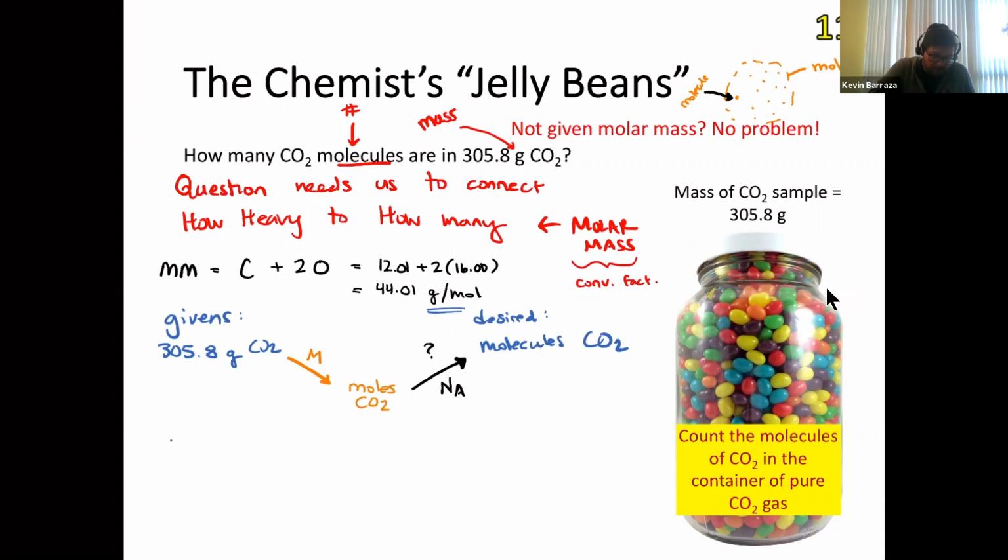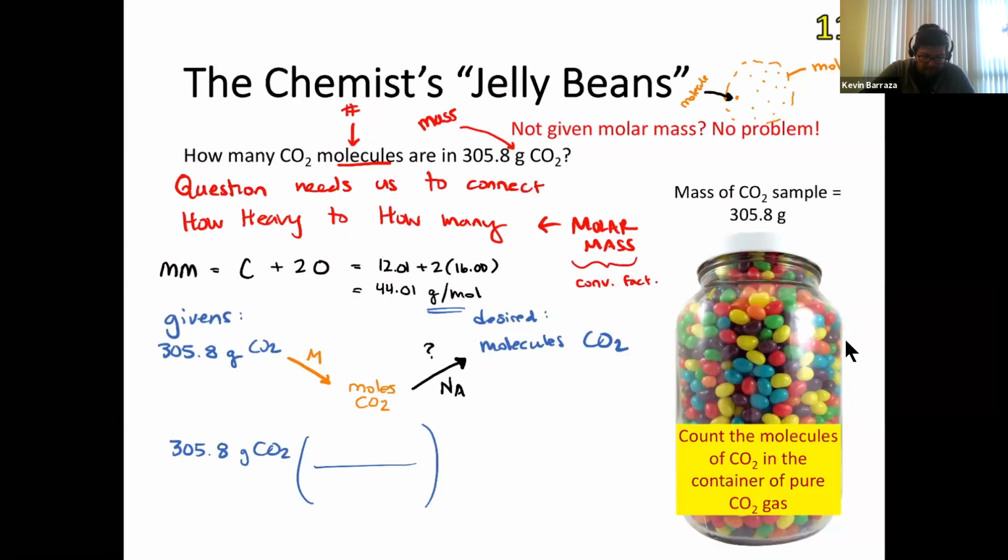So we start with our given that we want to convert, 305.8 grams of CO2. I'm connecting how heavy to how many. So that means I'm going to go with, well, this is the relationship. It takes 44.01 grams to make a mole of this substance, CO2.